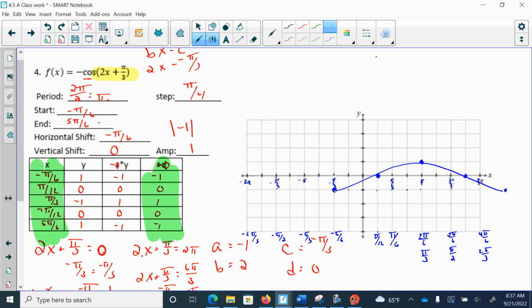I'm going every 3 lines. So I count 1, 2, 3 lines, and then I have to decide whether I'm going up or down. Well, this is as low as it gets, so I have to go up to that midline. So I'm going to put a dot here. Now I'm going to count 3 more. So 1, 2, 3, and that is going to go all the way up to 1. And that'll be the graph of my cosine curve.